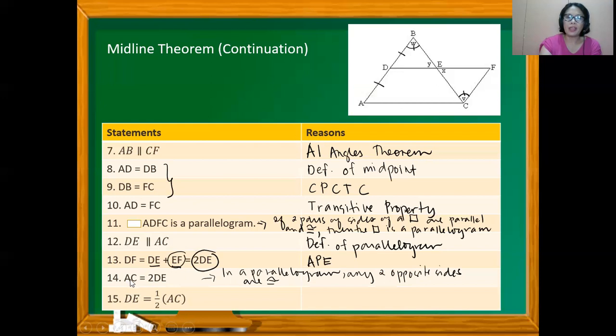As we multiply both sides here by 1 half, we get DE equals 1 half AC. And this is about the multiplication property of equality. Now, we were able to prove that DE is parallel to AC and DE is 1 half of AC.